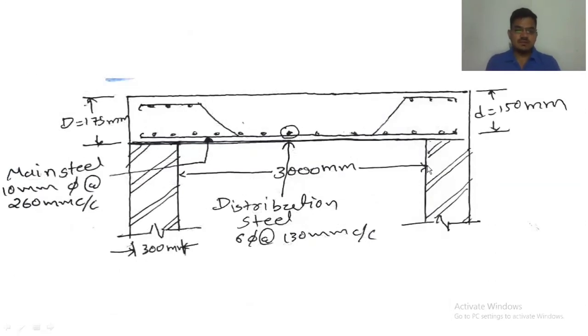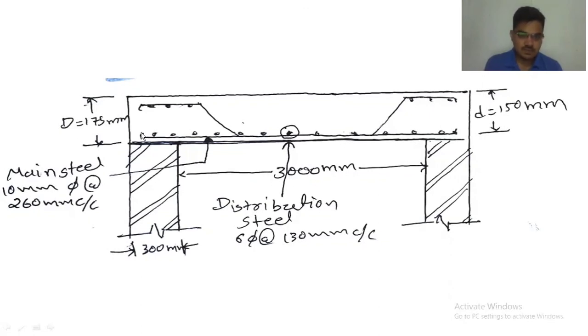And finally, the schematic diagram of our one-way slab. Here is the one-way slab of effective depth 175 and clear span of 3 meter.